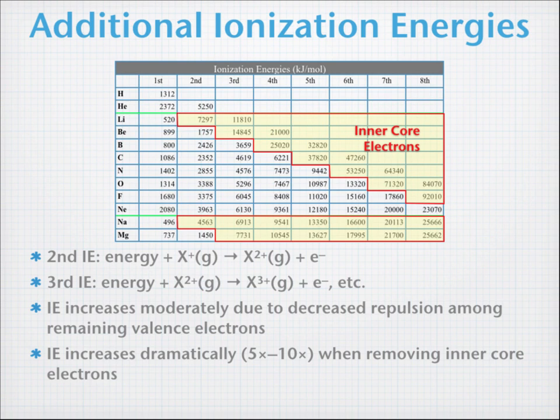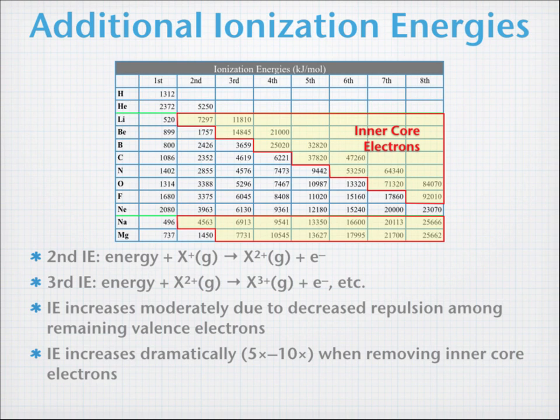So that becomes harder. Likewise, with beryllium, we see that the first two electrons, which are the valence electrons, are easy to remove, and then a large increase in the third electron. Boron, first three electrons, those three valence electrons are easy to remove, and then the fourth electron becomes difficult.